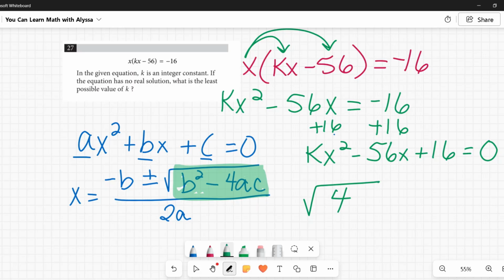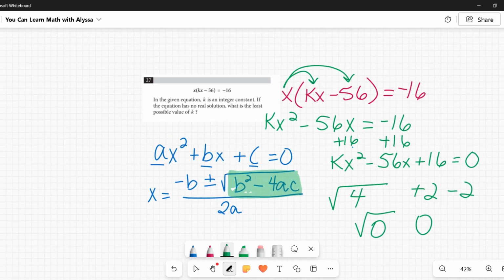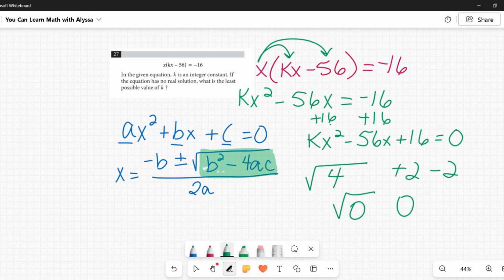The square root of 4 is either a positive 2 or a negative 2. Two possibilities. What if it's the square root of 0? Well, that's just 0, right? One possibility. What if it's the square root of a negative number, like negative 1? There's no possibilities. There is no real solution. So that's what determines it.